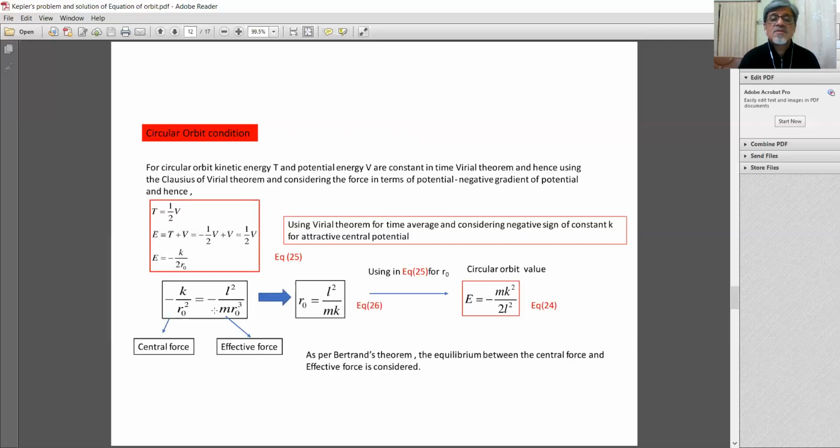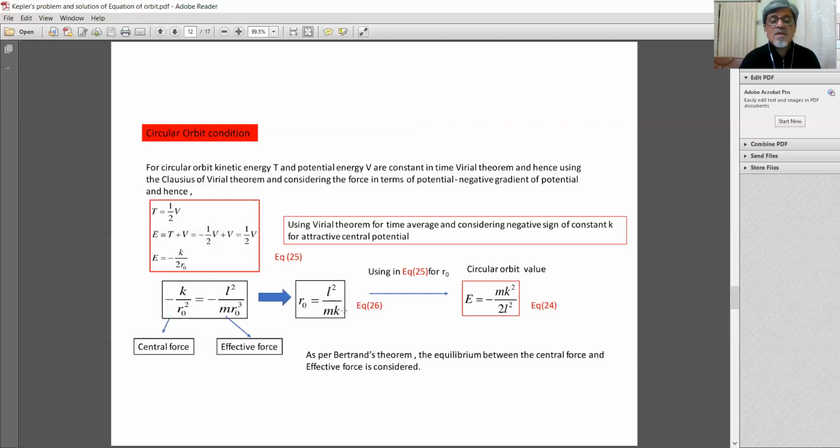Using 26 for r0 in equation number 25, we can write E equal to minus mk square divided by 2L square, because in this equation we have represented r0 by equation number 26.